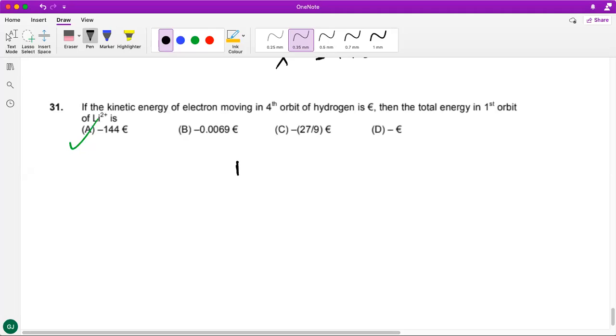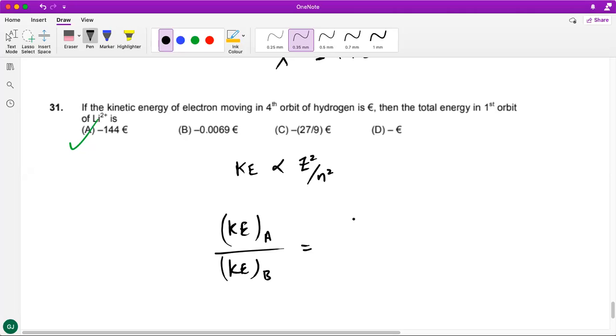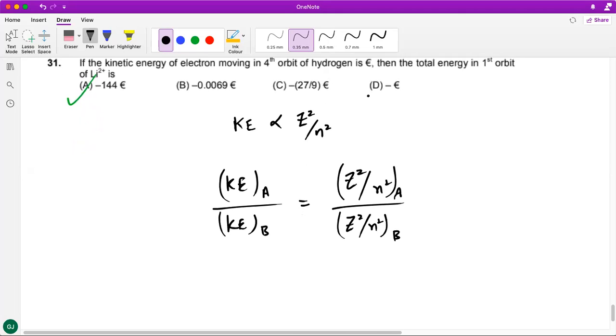So notice here that kinetic energy was proportional to z square by n square, and that is the proportionality that is being asked. So kinetic energy in case A upon kinetic energy in case B will be z square by n square in case A upon z square by n square in case B. Okay.